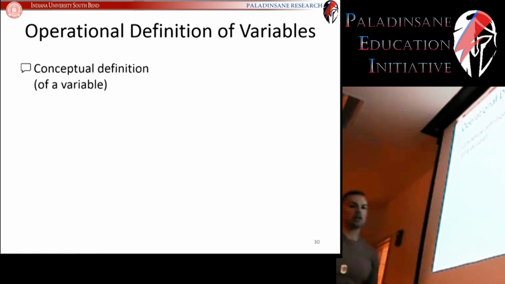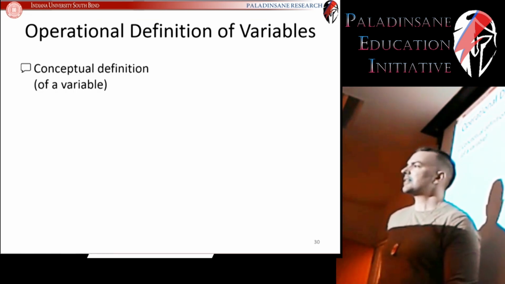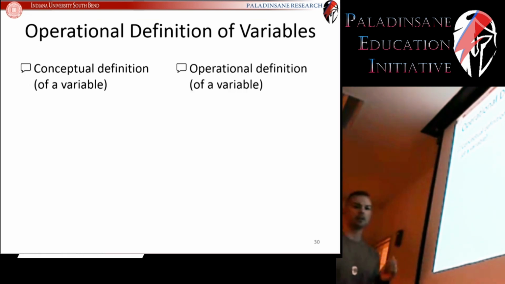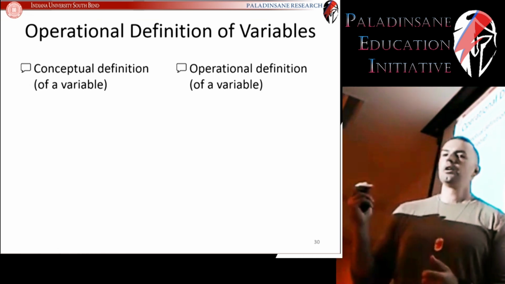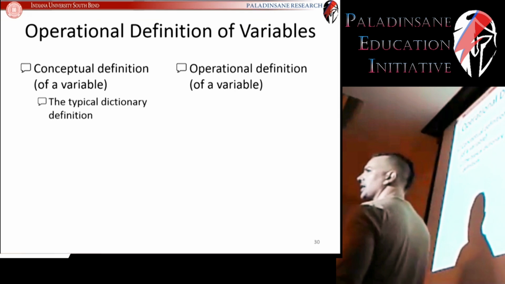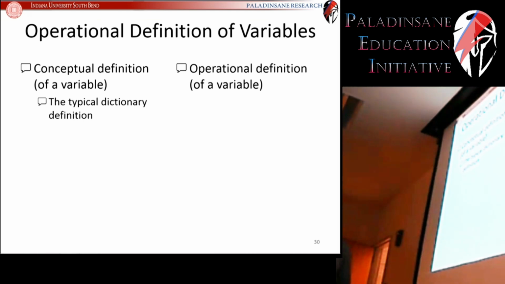The easiest way to emphasize the operational definition is to contrast it with the conceptual definition. The conceptual definition of a variable is very different from the operational definition. Your conceptual definition is what you get in your typical dictionary definition.